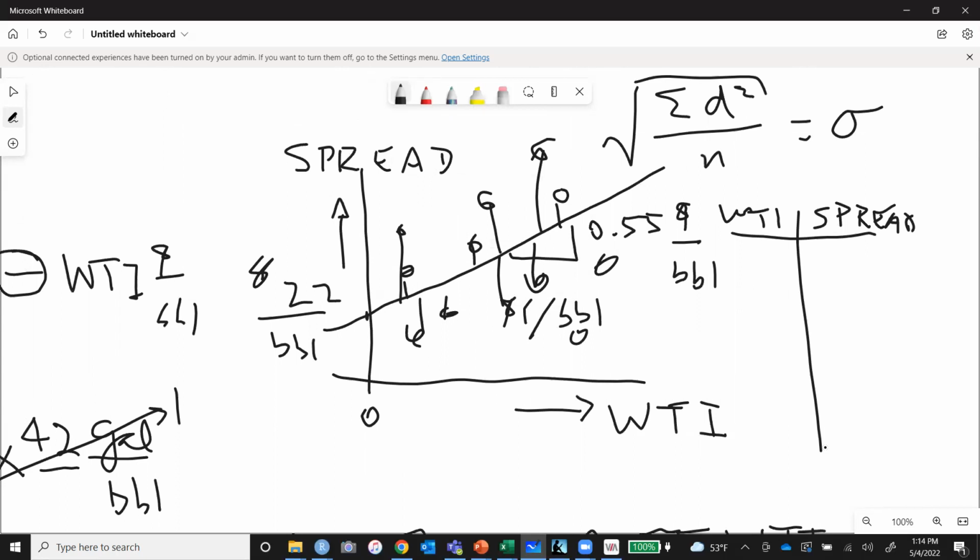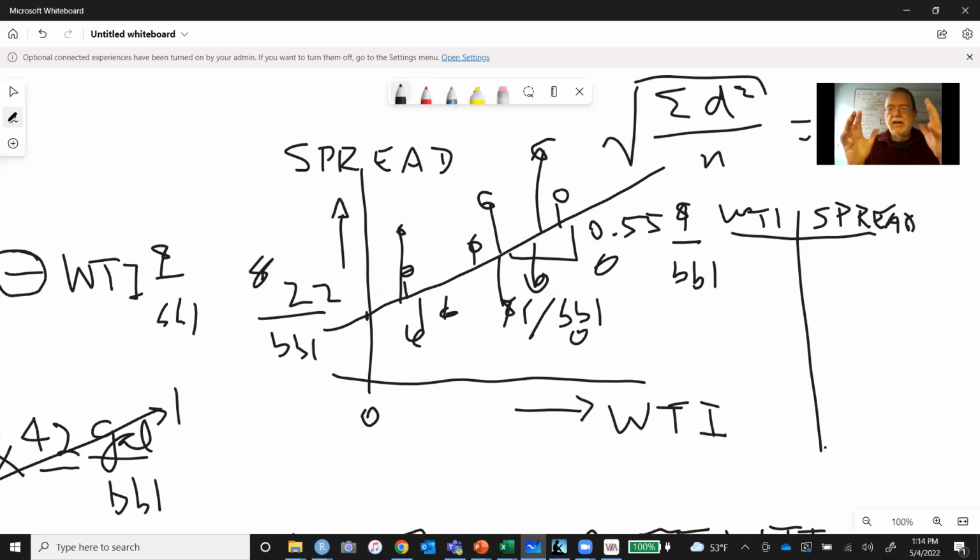It passes the common sense test of, yeah, WTI in its relationship to spread is somehow attenuated, calmed down a little bit.